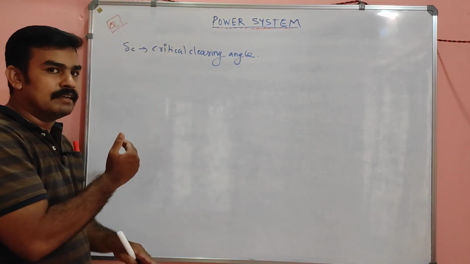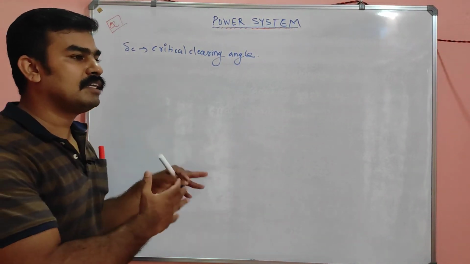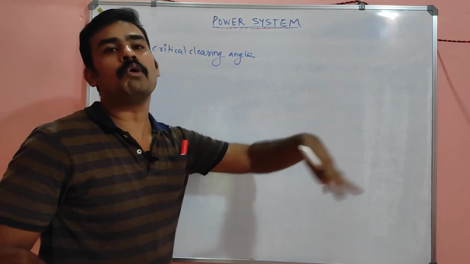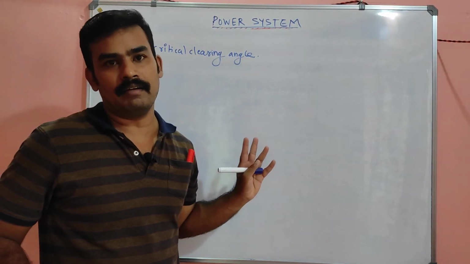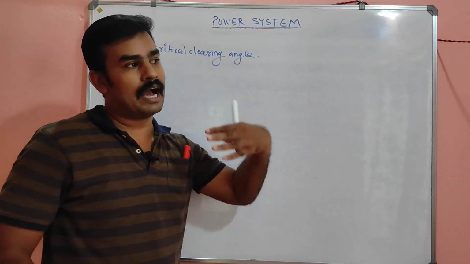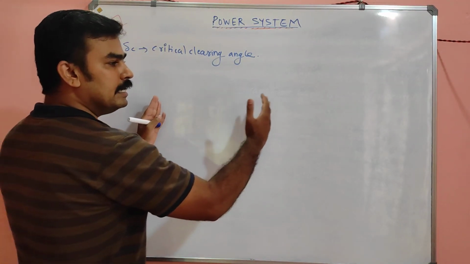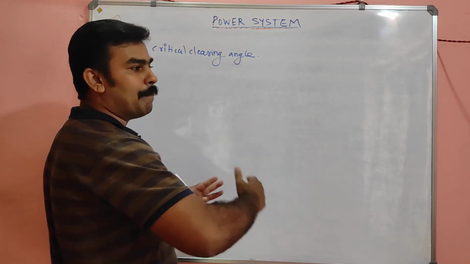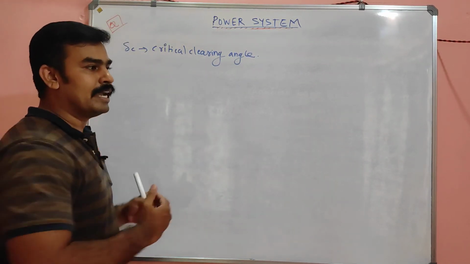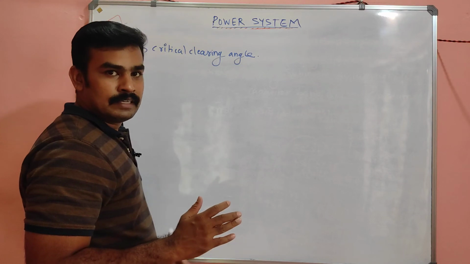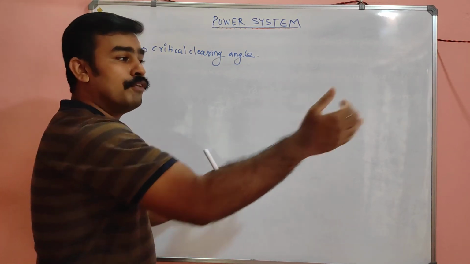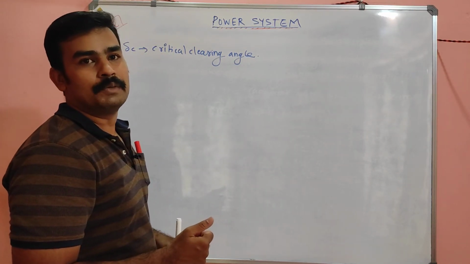The rotor angle will increase. So up to what rotor angle can you allow the rotor to increase its angle? Up to what angle can you allow to accelerate your rotor so that the del will be increasing and increasing and increasing? So up to a particular value only you can allow this increment. You should clear the fault before that particular value.